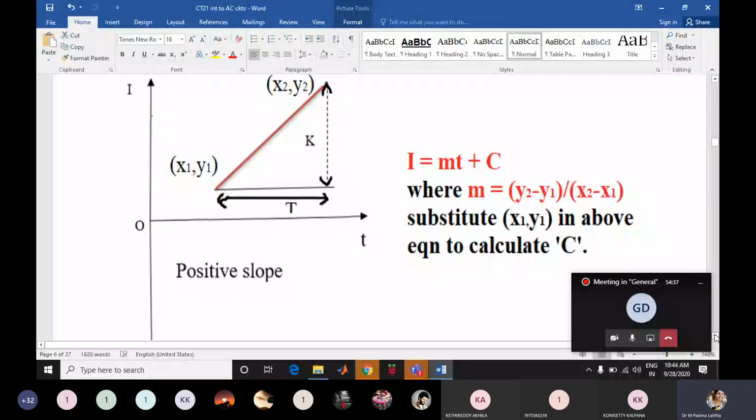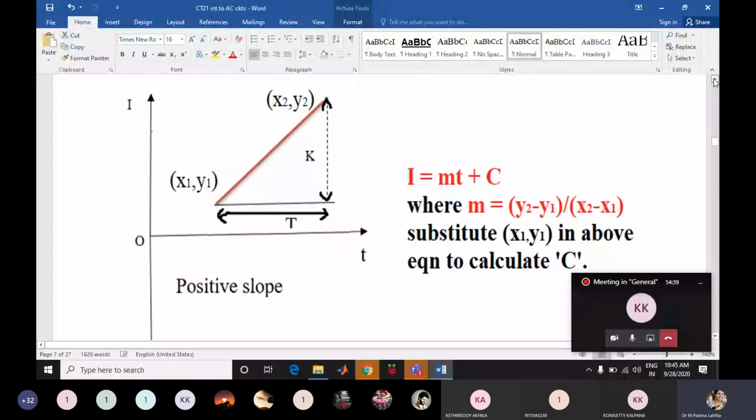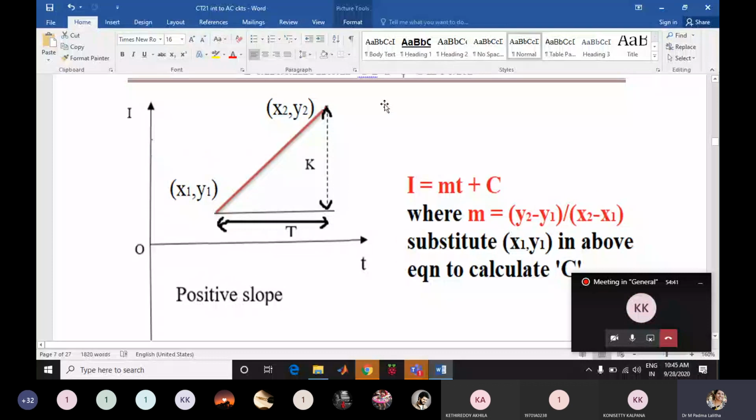So this is another kind of line. Here this line is also not passing through the origin. But the problem with this line is, from this figure we cannot find the intersection point. In this case, we need to use the formula y is equal to mx plus c, that is mt plus c, where m is equal to y2 minus y1 by x2 minus x1, that is the slope.